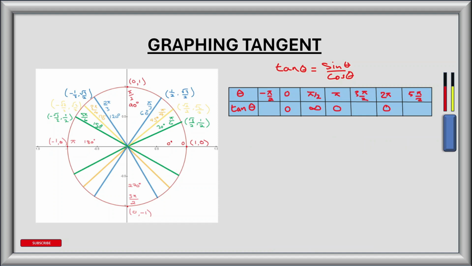So if we go to a value of theta of 3 pi by 2 radians, which is here, we look at tan theta, which is equal to sine theta over cosine theta. Sine theta at this point is minus 1 and cosine theta is 0. Again, this is undefined.